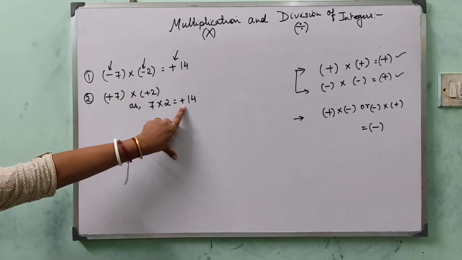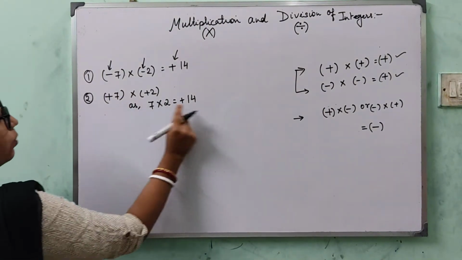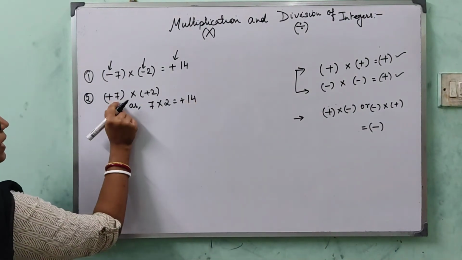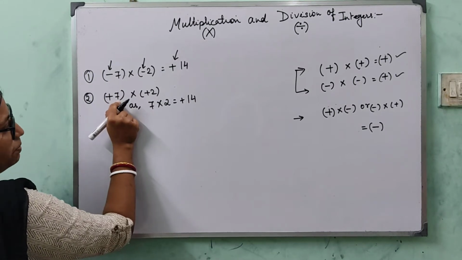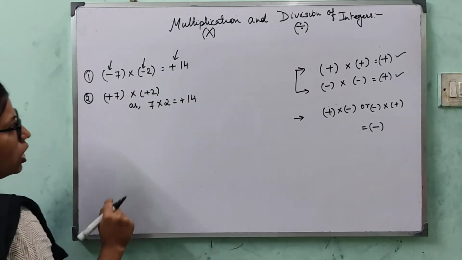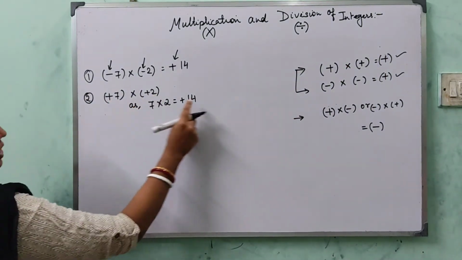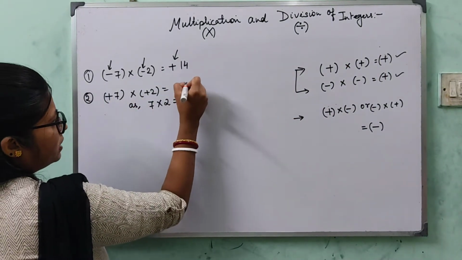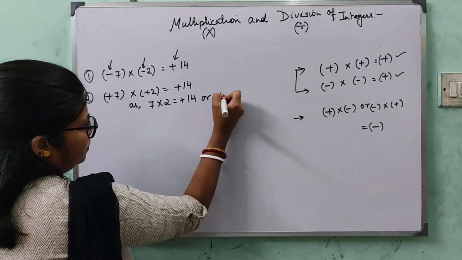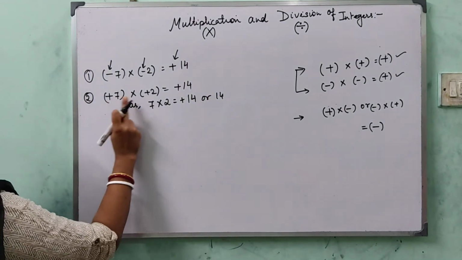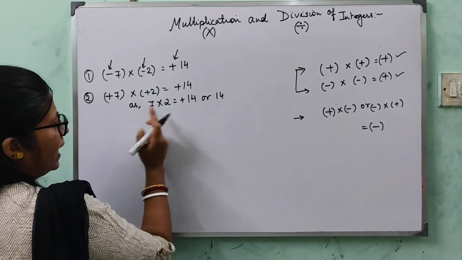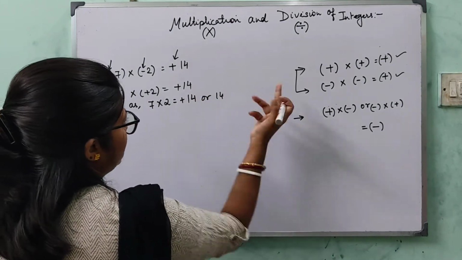And what will be the numerical value? It will be just the product of the numbers present, 7 into 2, 14. So positive into positive is positive. So plus 7 into plus 2 is plus 14, or simply 14.